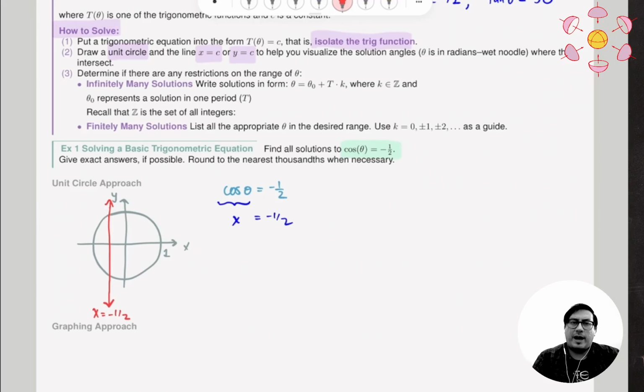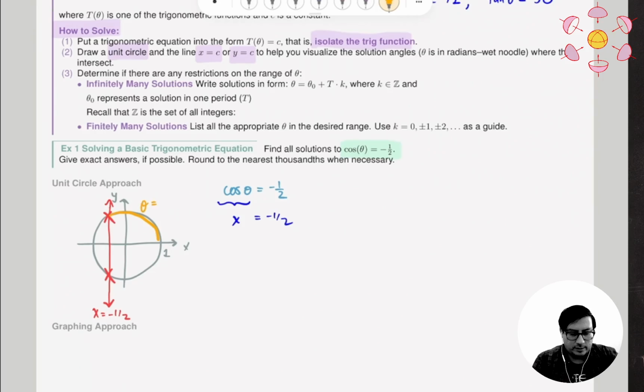Now that I've drawn that, I'm going to think, okay, what angles have x-coordinates so that I hit exactly these two points for my terminal points? I hope you can see that one angle is, if I go from 0 along the top, theta is going to be what?